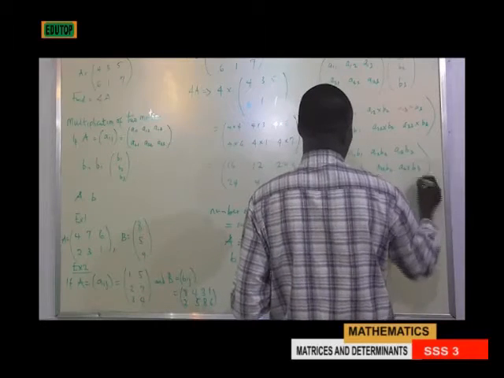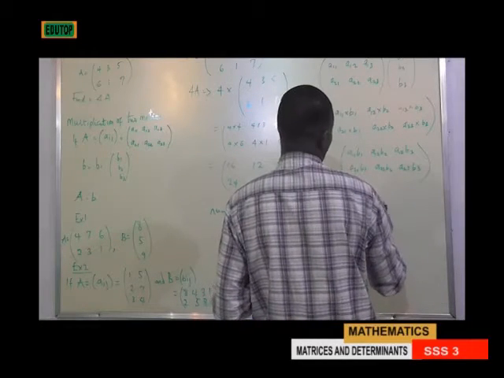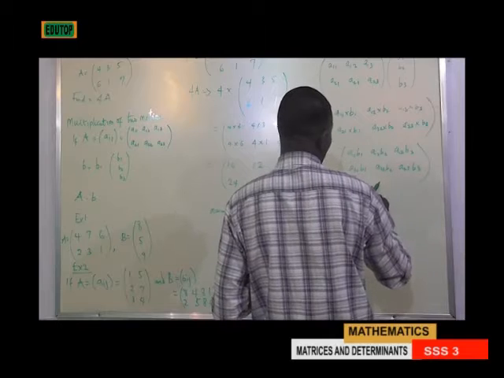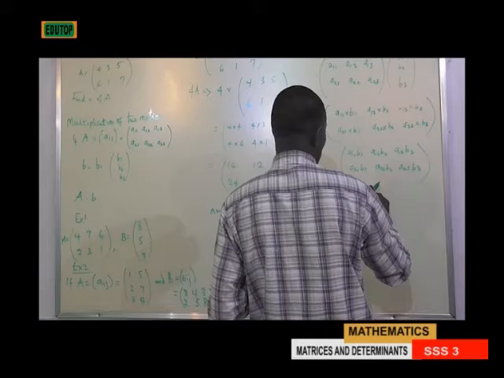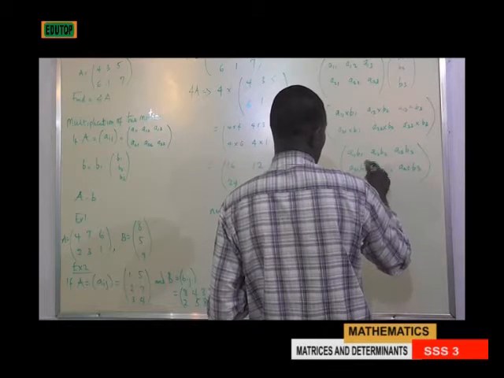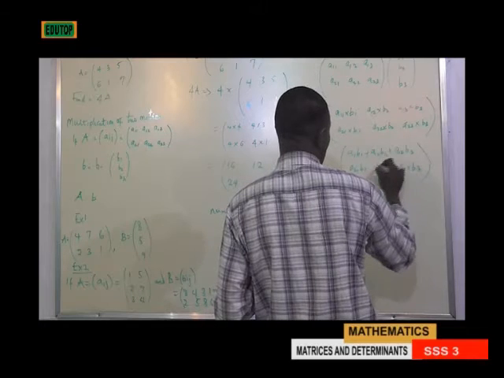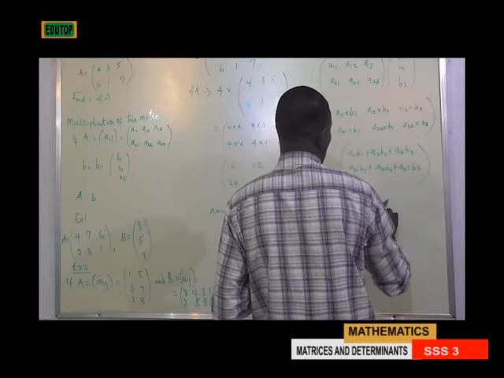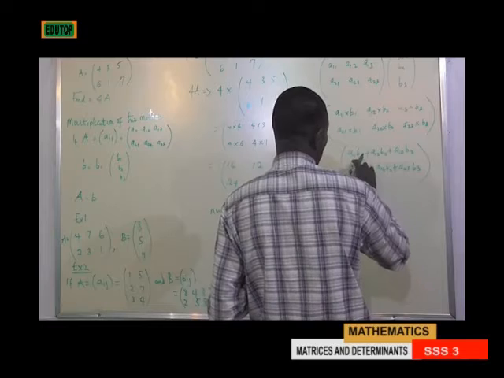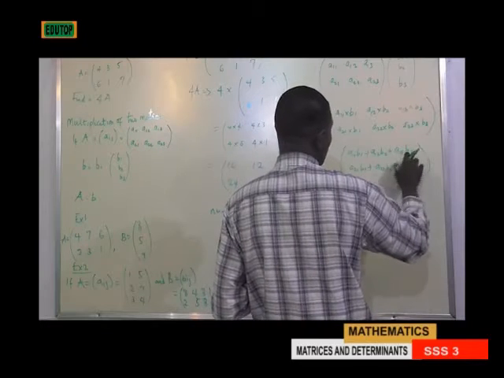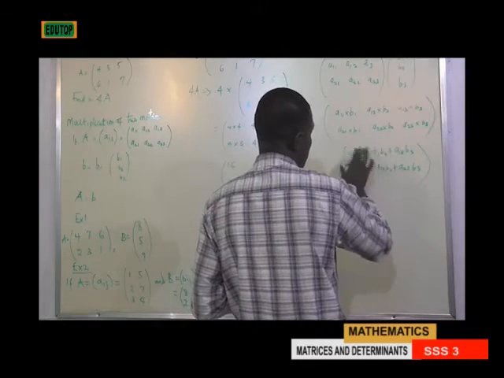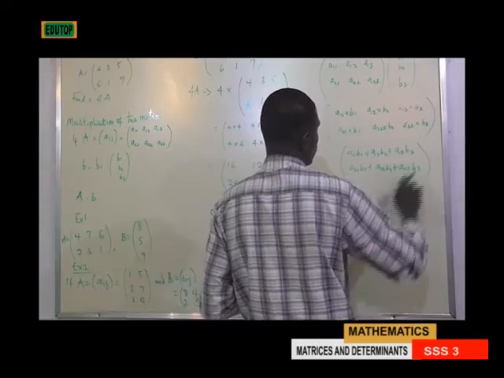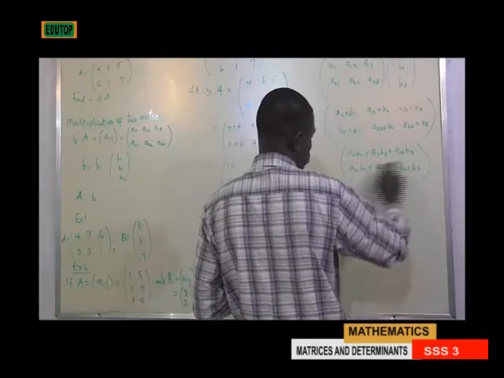So this is known as the 1, 2. There will be addition in between them. So when we sum this up, we will have the 1, 2.